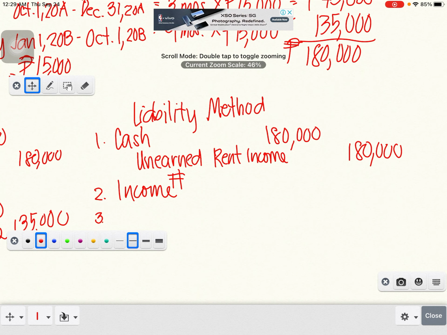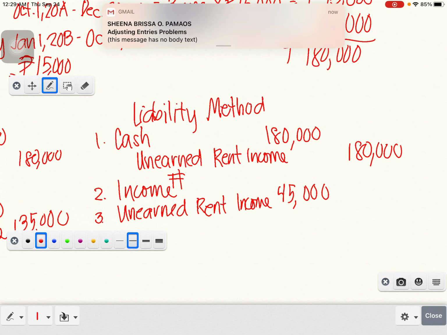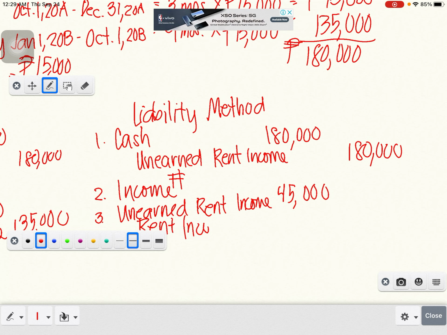Good for 45. So unearned rent income is overstated by 45,000, which is good for the income portion. So this is rent income 45,000.